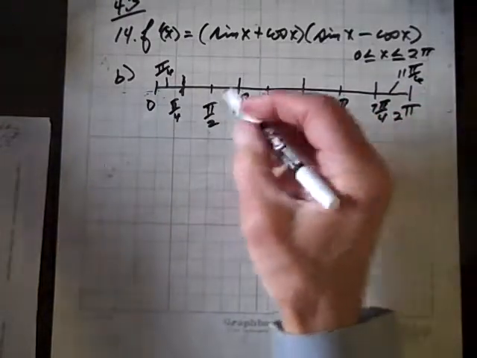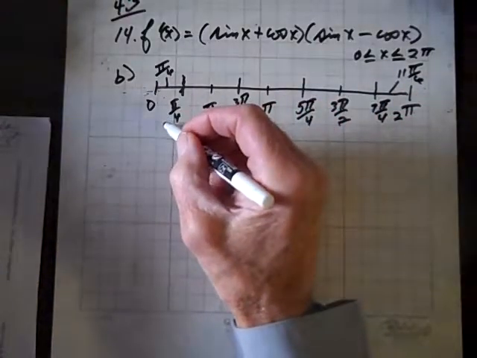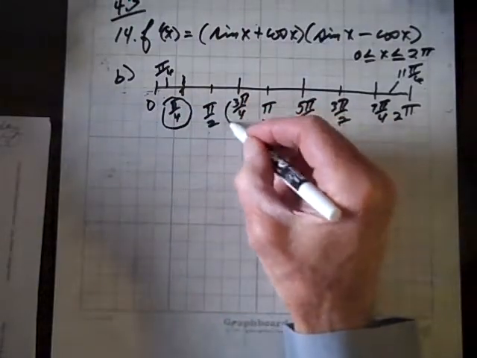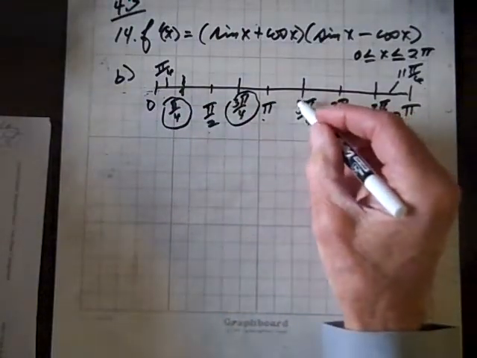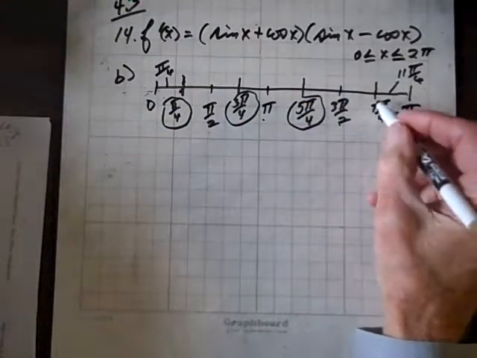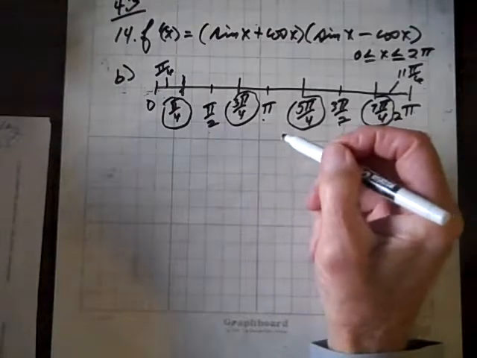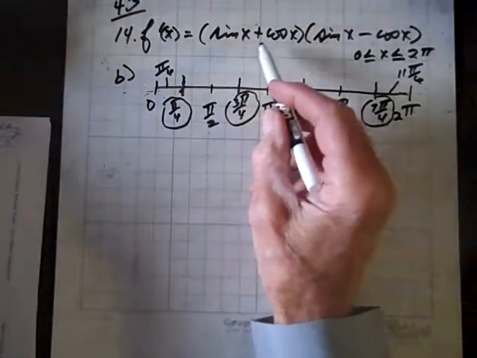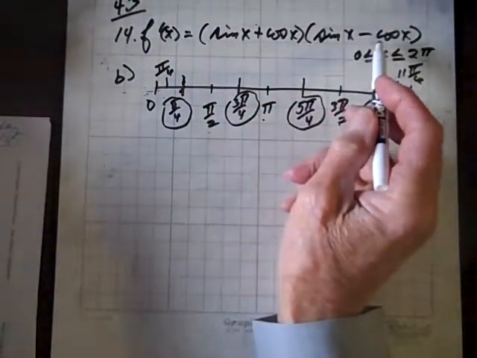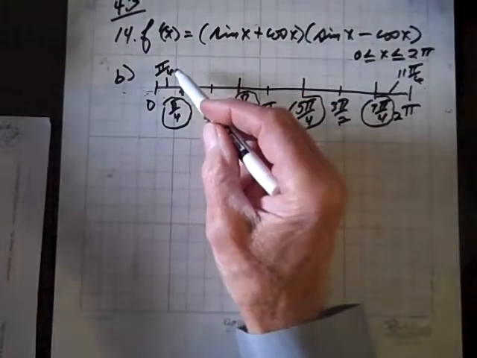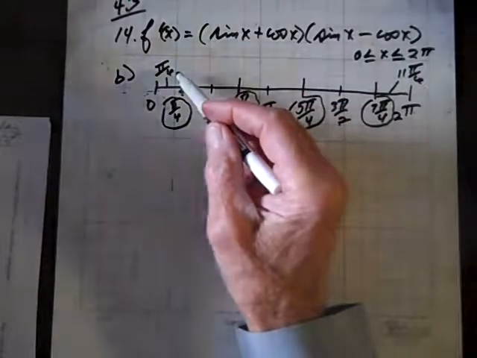So I'll circle, just to keep track of this, I'll circle our zeros.